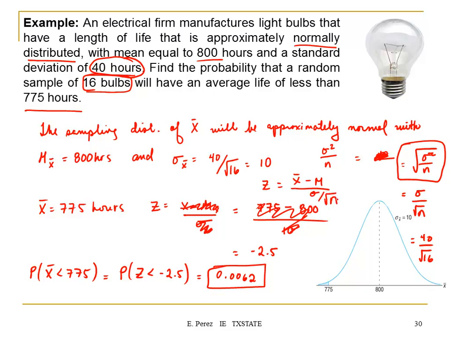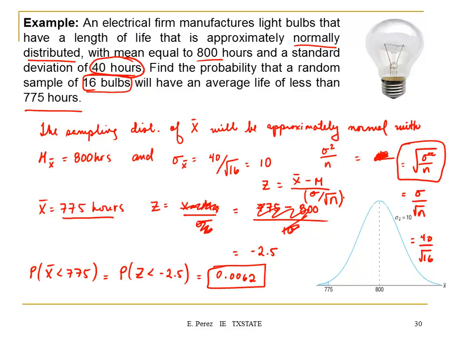We know the values for x bar, 775, and we know the population values mu and sigma. The only thing that is different now is that sigma has to be divided by the square root of n. And this is because the Central Limit Theorem tells us that as n tends to infinity, the distribution will approximate the standard normal distribution.